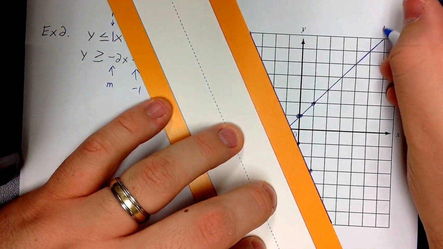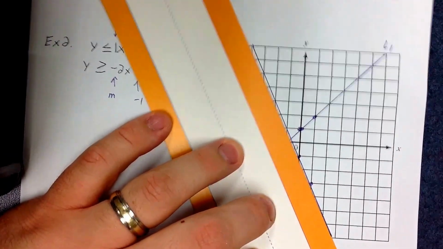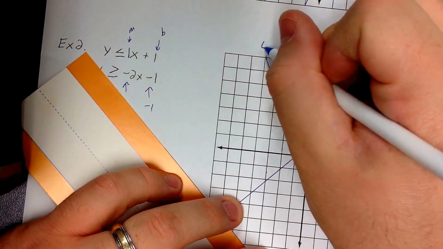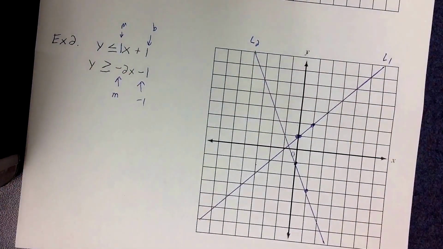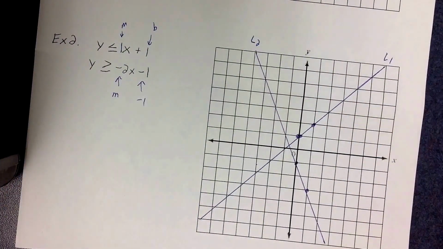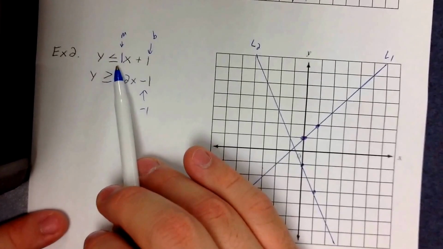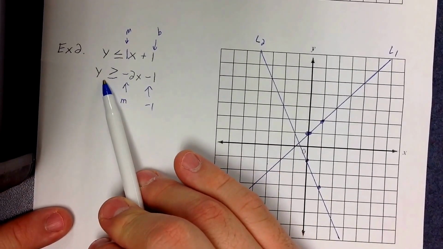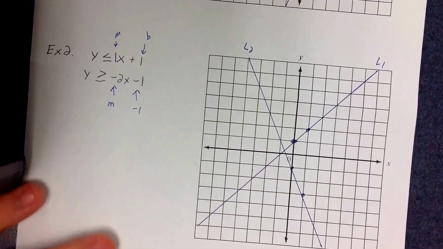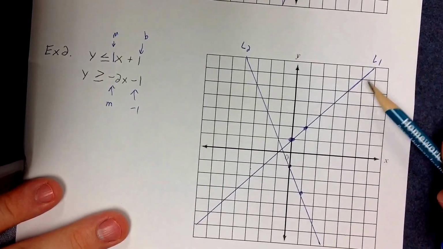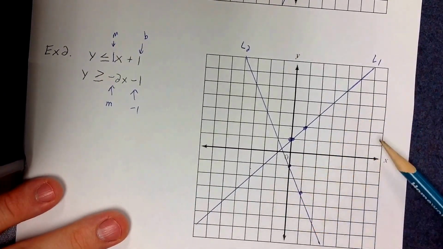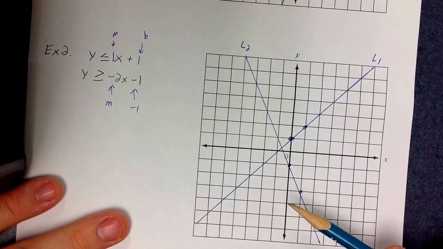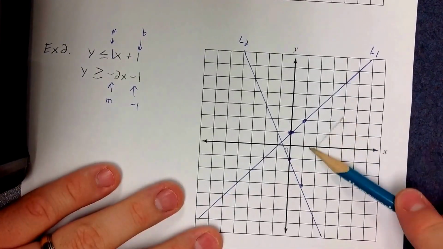So again, this was the first line we drew, so that's L1. This is the second line. Our shading in this case needs to be below the first line, but above the second. So below the first line would be down here, but it has to be above the second line, so we're talking this area here.